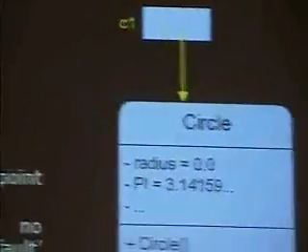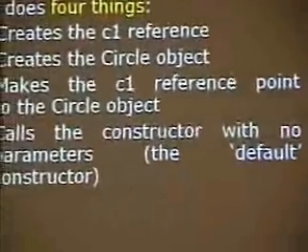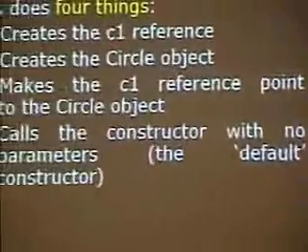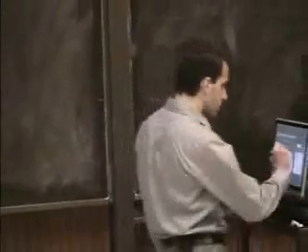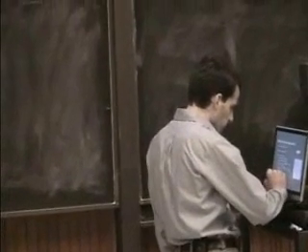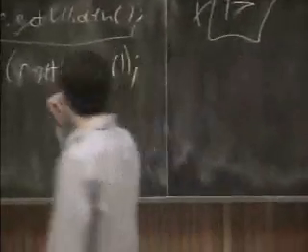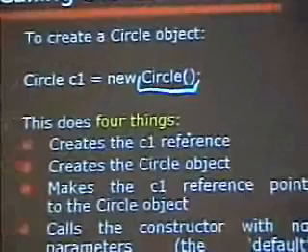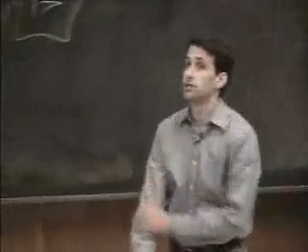Those 3 we've talked about to some extent previously. The last thing it does is call the Circle constructor. This part here tells Java that I'm going to call the Circle constructor that takes in no parameters. And the purpose of a constructor is to initialize the properties of an object. Maybe this circle object needs to have its radius set to 1. Maybe it needs to have the diameter set to 2 times the radius.